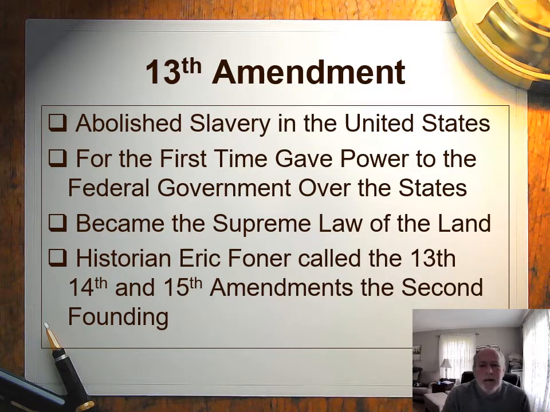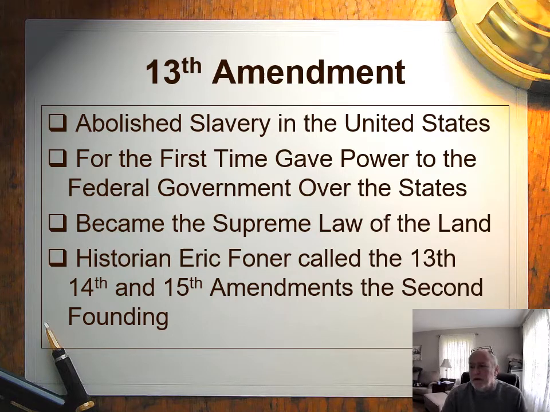So, if we really look at it, the 13th Amendment abolished slavery in the United States and any territory where the United States had jurisdiction. And here's what I'd really like you to focus in on: Section 2. For the first time in our U.S. Constitution, the federal government was grabbing power for itself over the states.